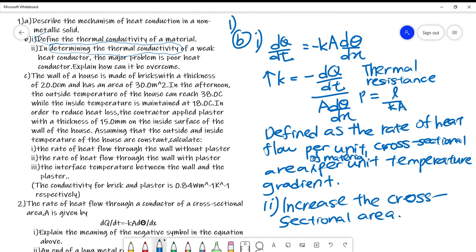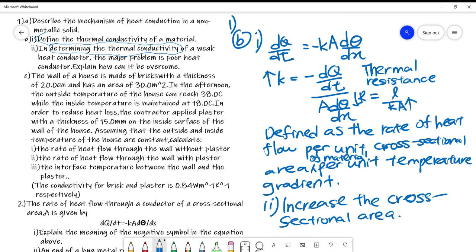If we increase the cross-sectional area, the resistance will be lower. So we increase the cross-sectional area so that the rate of heat flow should be increased.